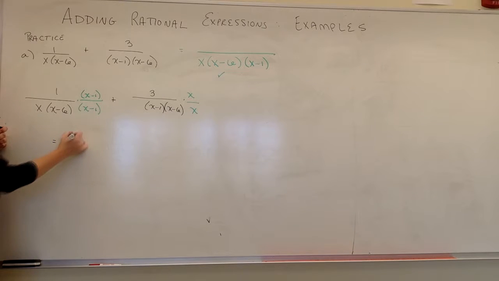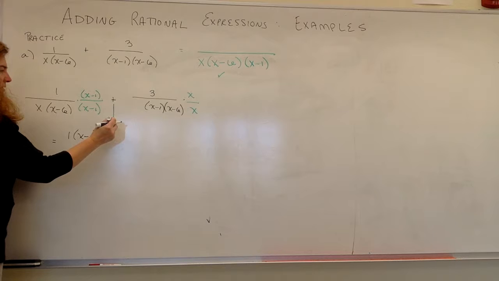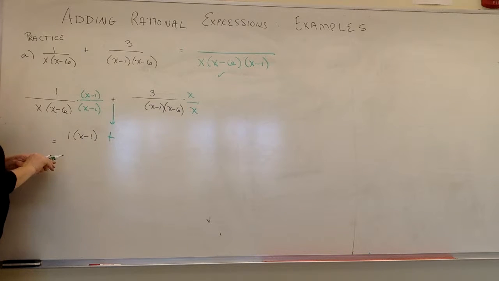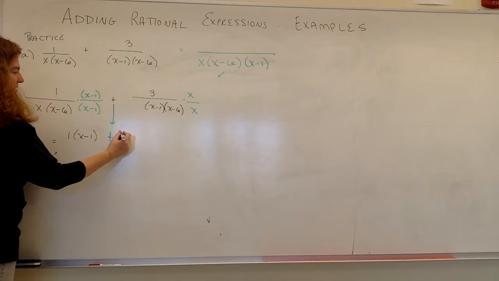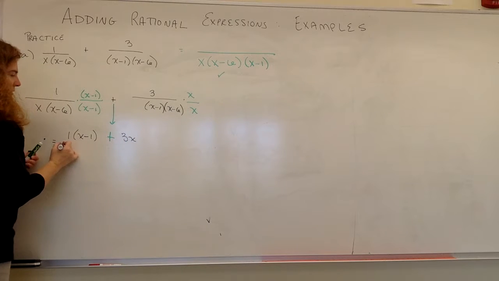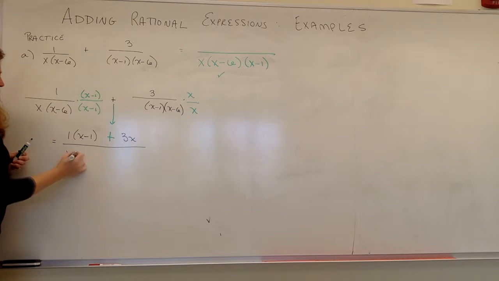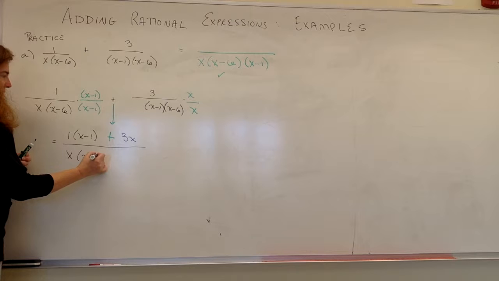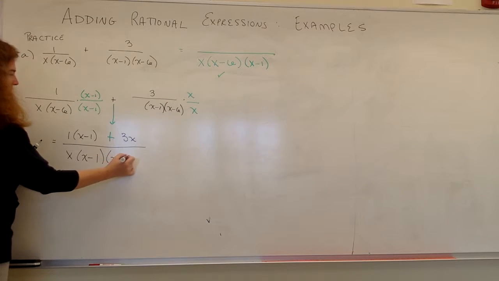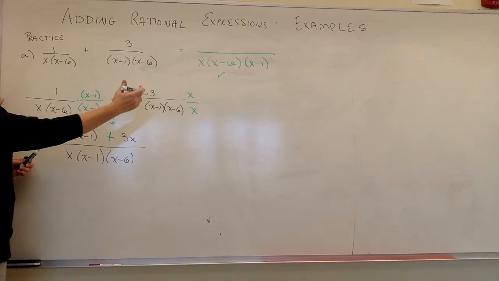So I get 1 times x minus 1 plus 3 times x, all over x times x minus 1 times x minus 6. Notice the order of my denominator doesn't matter.